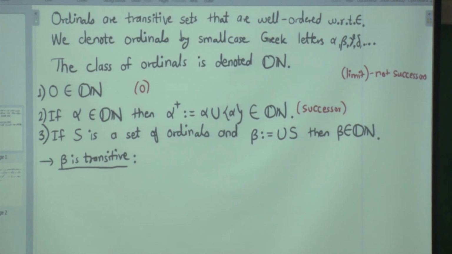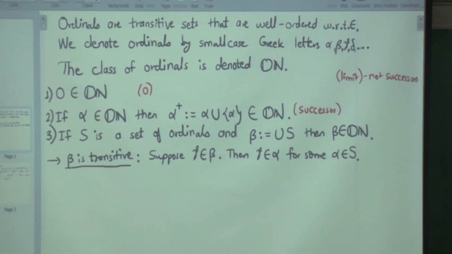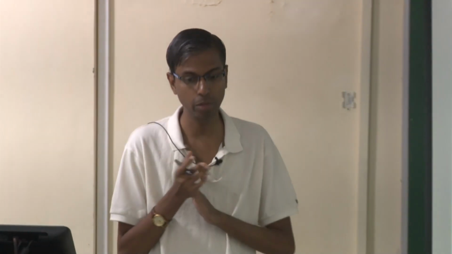In order to show transitivity, what do we need? Suppose gamma is an element of beta, then what will happen? We just said that then gamma belongs to alpha for some alpha in S. See, beta is the union of S, which means every element of beta is actually an element of some element of S. That's what the union means.